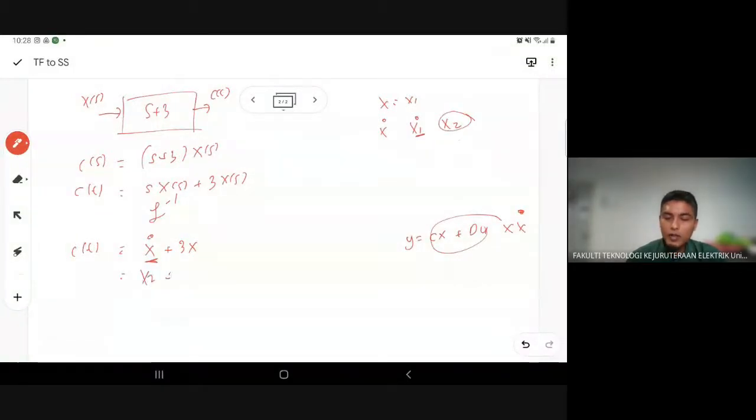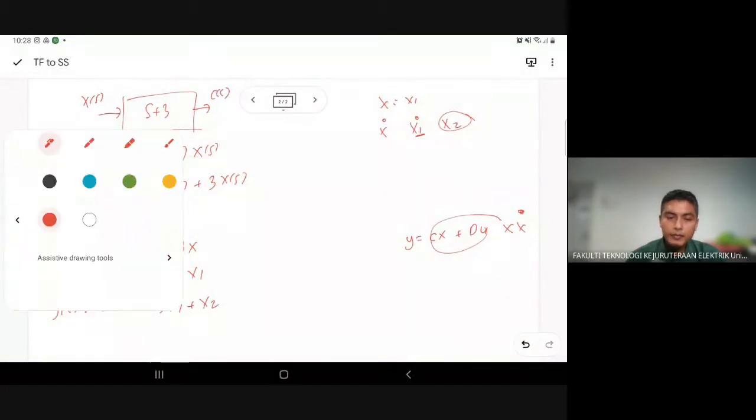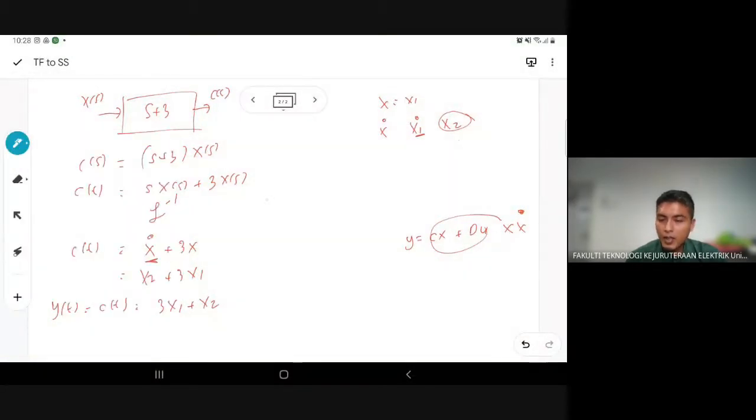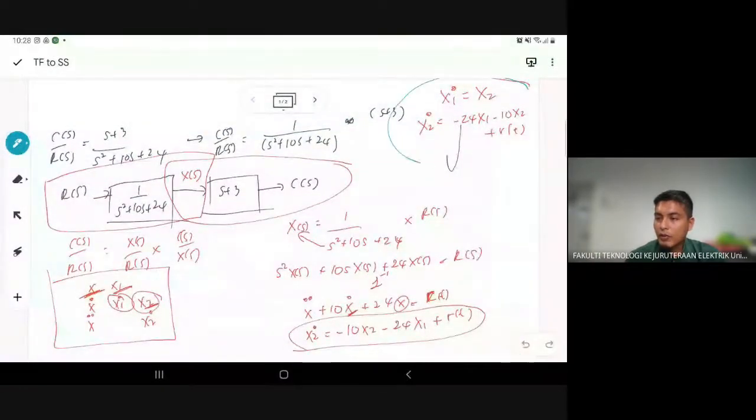So x2 plus 3x1, or you can see that c(t) equal to y(t) equal to 3x1 plus x2. So finally, based on all the information we have, we can say that x1 dot equal to x2 according to what we concluded.